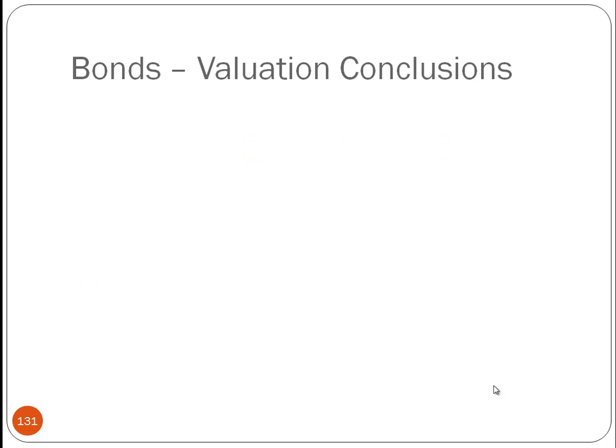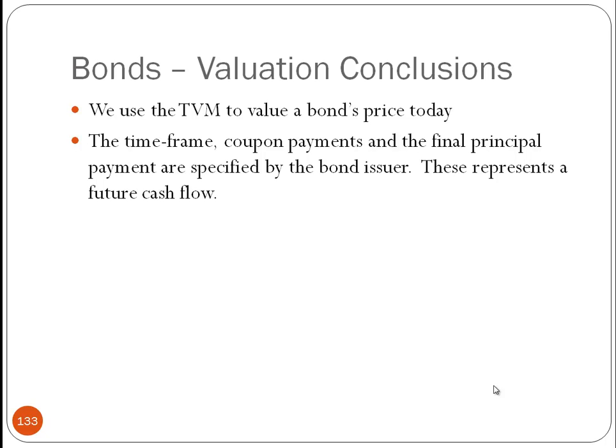Let me just provide some conclusions of bond valuations. So we can use the time value of money to value a bond's price today. The time frame, the coupon payments, and the final principal payments are all specified by the bond issuer. These represent the future cash flow stream. This is the numerator of the time value of money, you can think of it as.